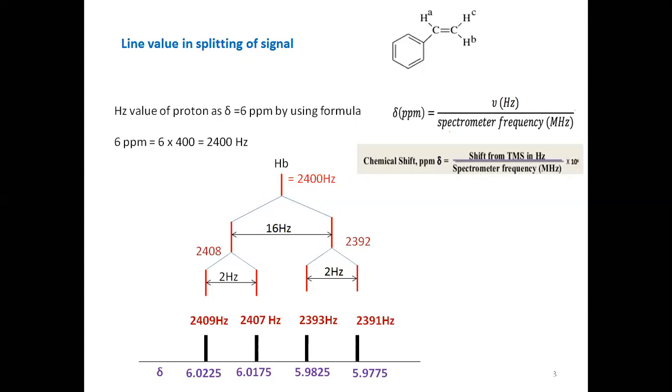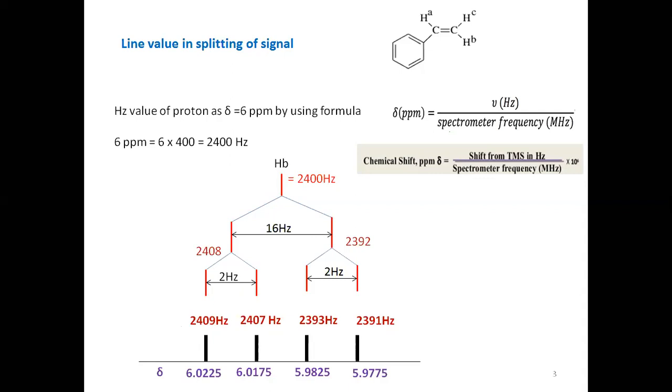Any problem? So that is how to draw the splitting pattern and line values. Sometimes the line values are given and you are asked what the coupling constant between them is. If the hertz values of 4 lines are given, what is the coupling constant? Just subtract both values.